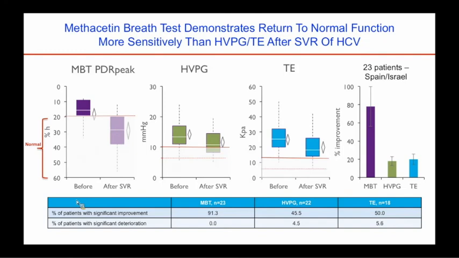Now, of course, the question is, what's the outcome of these patients long-term, and which is more robust in predicting clinical events? Is it, in fact, the methacillin breath test? And again, time will tell, and the company is doing studies.